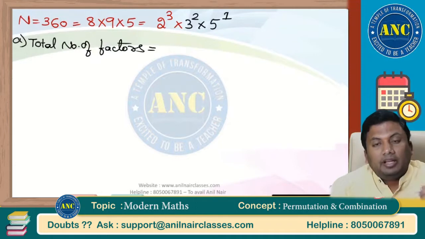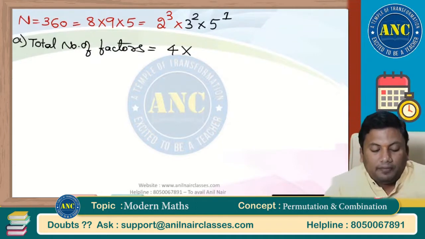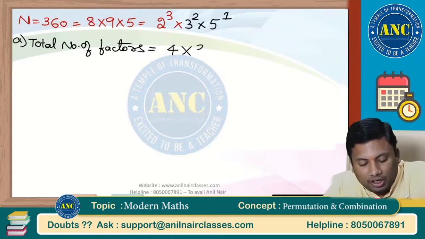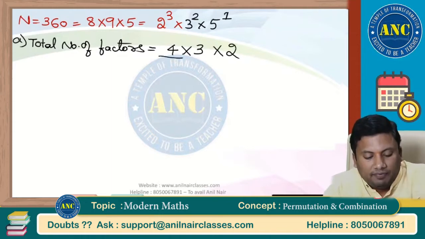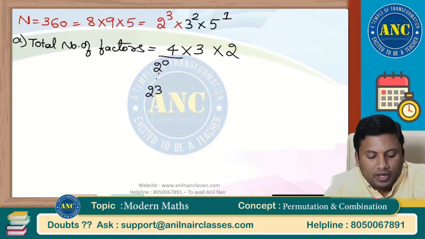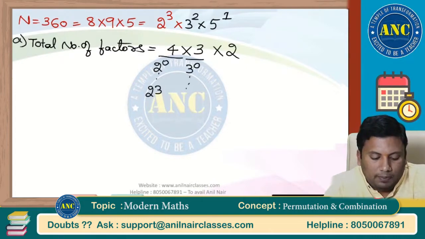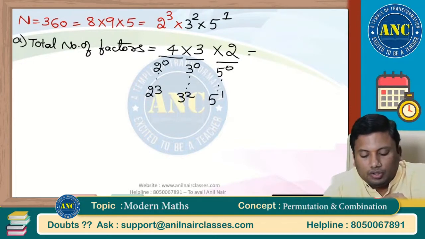How to determine the number of factors? From 0 to 3, total 4 cases. From 0 to 2, total 3 cases. From 0 to 1, total 2 cases. These are 2 power 0 to 2 power 3, 3 power 0 to 3 power 2, 5 power 0 to 5 power 1. 4 into 3 into 2.